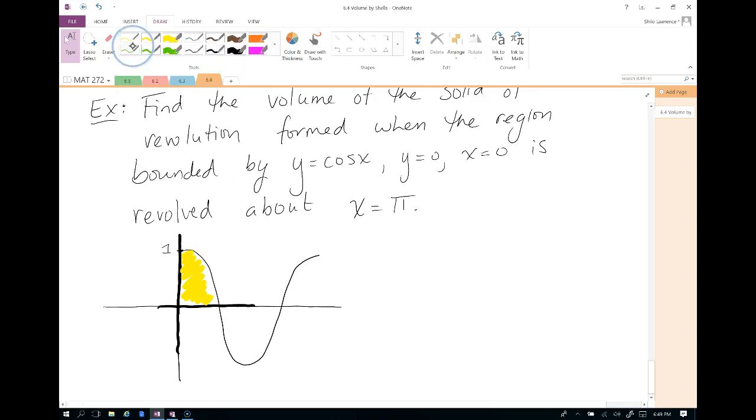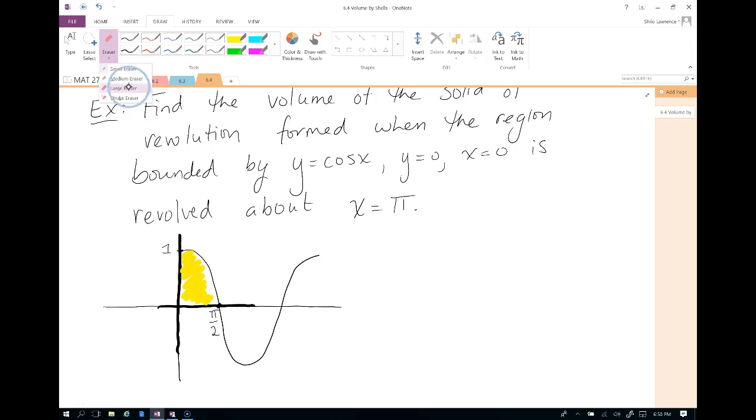They didn't give us an interval to work with, so we've just got to rely on intersection points. So you also need to know where the cosine graph intersects our x-axis here, and that's going to happen at pi over 2. And that's a unit circle value. We do need to know all of our unit circle values from trigonometry. So I'm going to get rid of some of this other stuff.